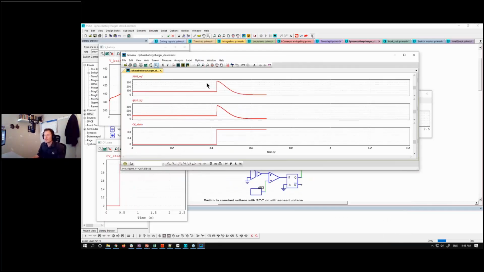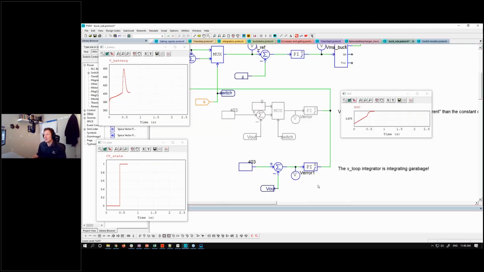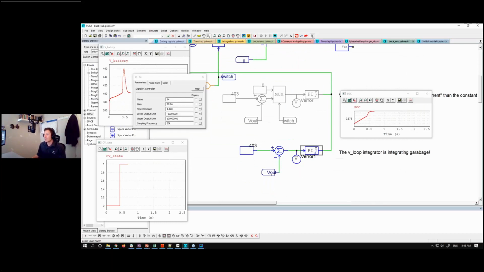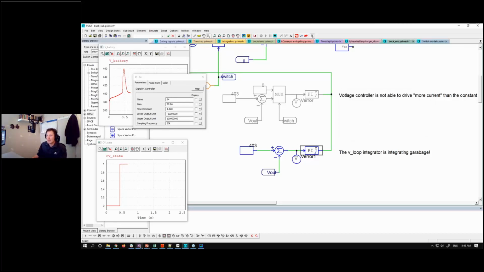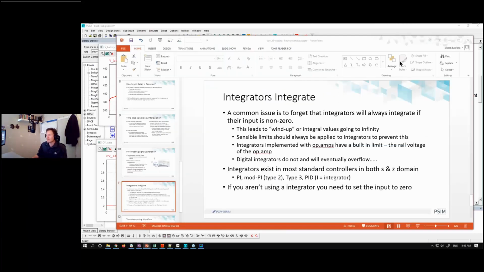Our reference current went up to 300 amps when the voltage swapped in here. So that's no good. That's what the issue is with having an integrator that is not being controlled when you're not using it. So that's a key point to remember when simulating.